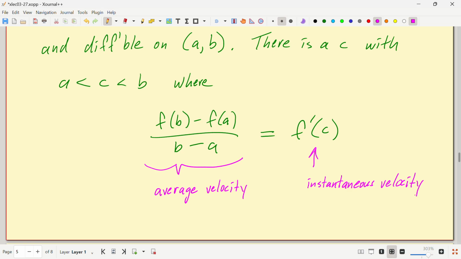There'd be at least one moment, might be lots of moments, especially if you're going at constant speed, when you're going your average velocity. That's why it's called mean value theorem.